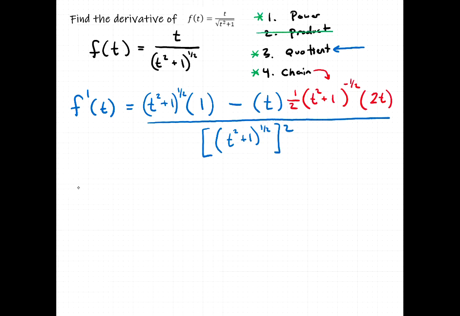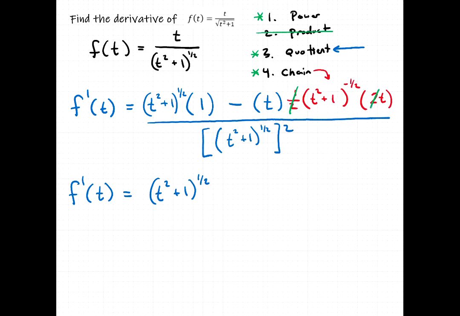Okay, so let's see. F prime of t. We have a t squared plus 1 to the 1/2. Then over here, we have a t and a 2t, so that's 2t squared, and the 1/2 actually cancels the 2.